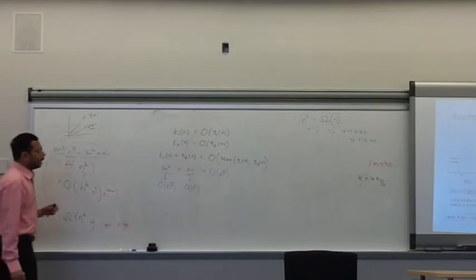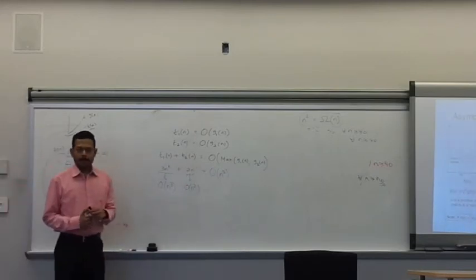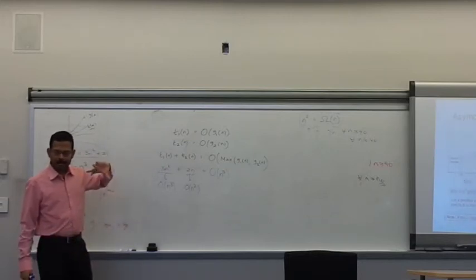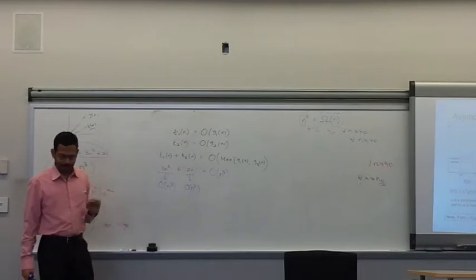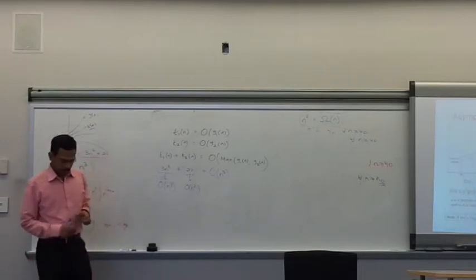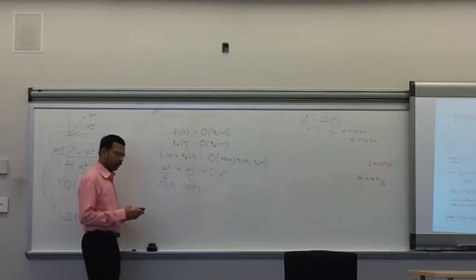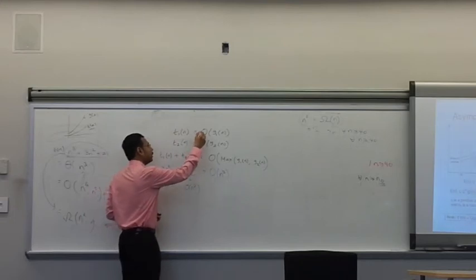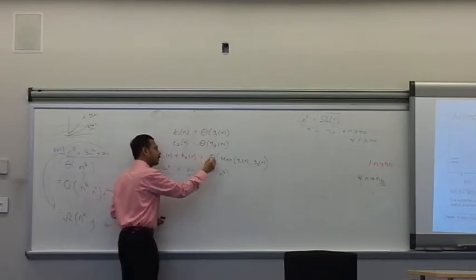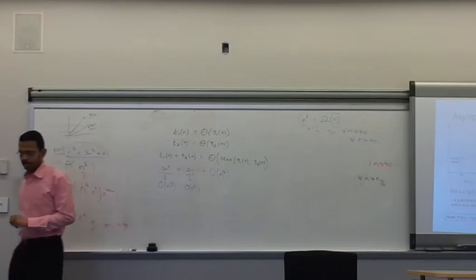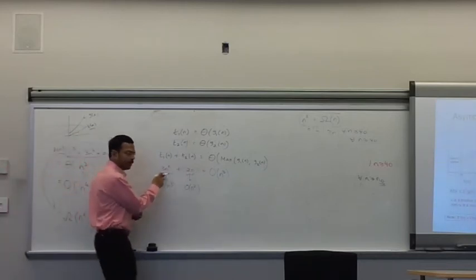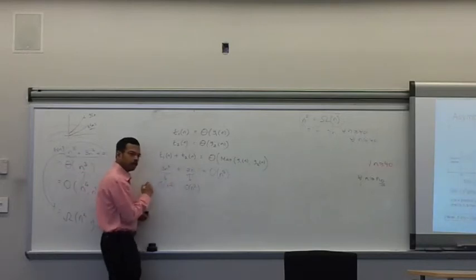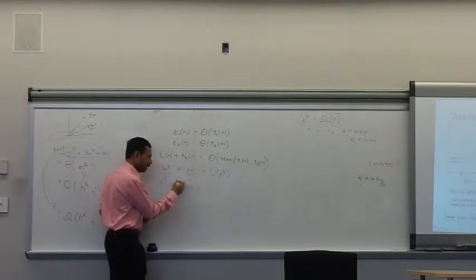Okay? Any question here? The same thing holds good for theta. So if I introduce theta here, the same thing holds good. The only thing is, in theta's case, 3n squared is some theta of n squared, and 2n is some theta of n.